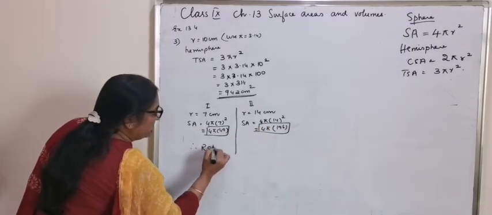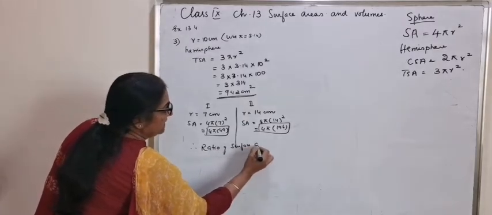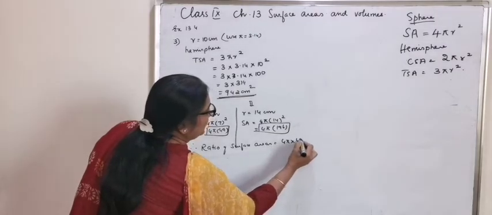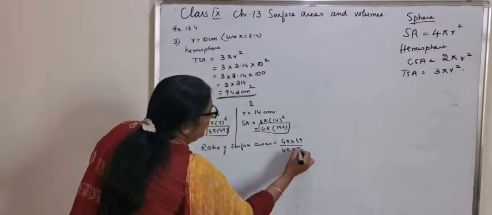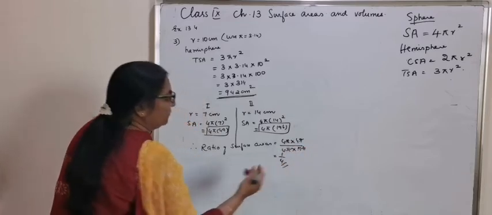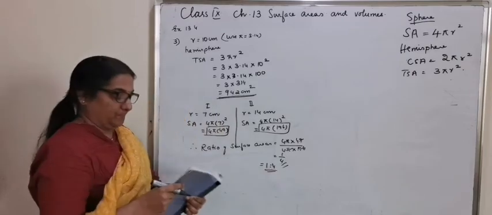Therefore, the ratio of surface areas is equal to 4 pi into 49 by 4 pi into 196, or 1:4. So the ratio is 1:4.